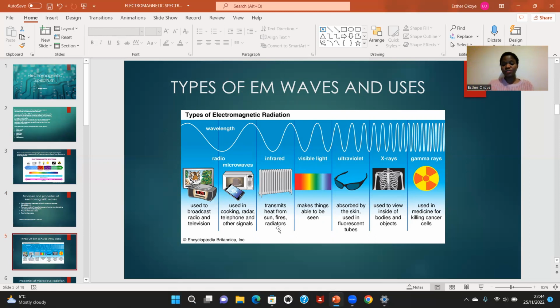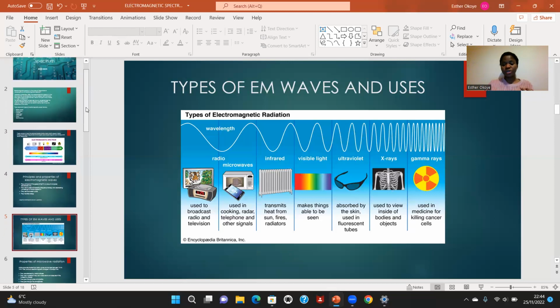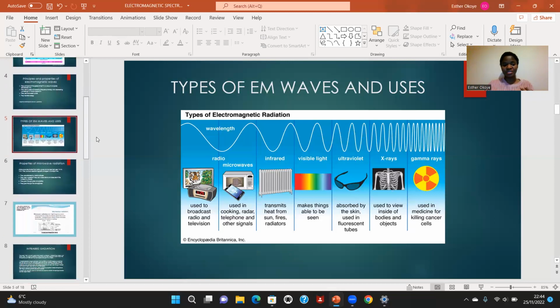Infrared transmits heat from the sun, fires and radiators. Visible light makes things able to be seen by the human eye. Ultraviolet is absorbed by the skin and used in fluorescent bulbs. X-rays are used to view inside bodies and objects. Gamma rays are used in medicine, in the killing of cancer cells.